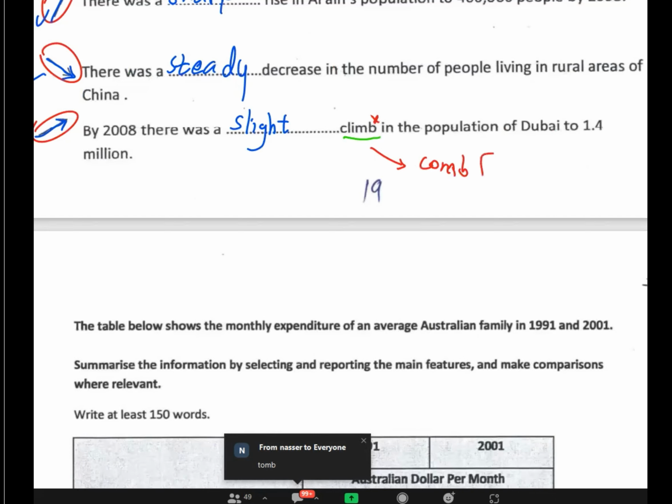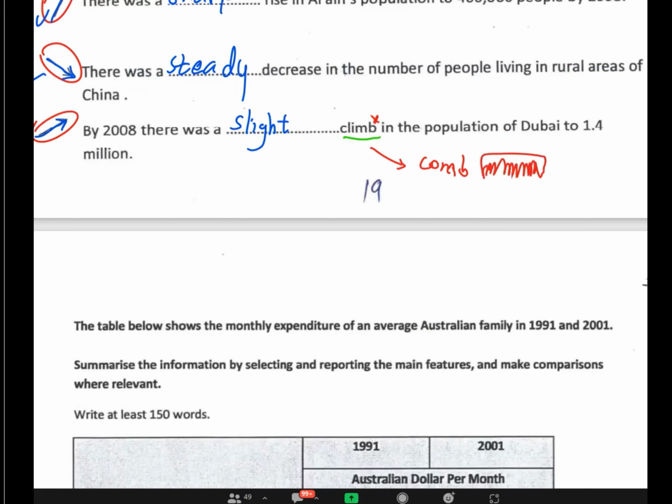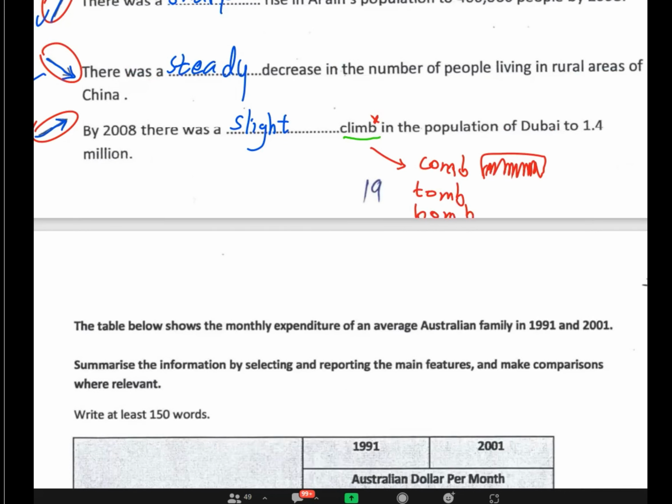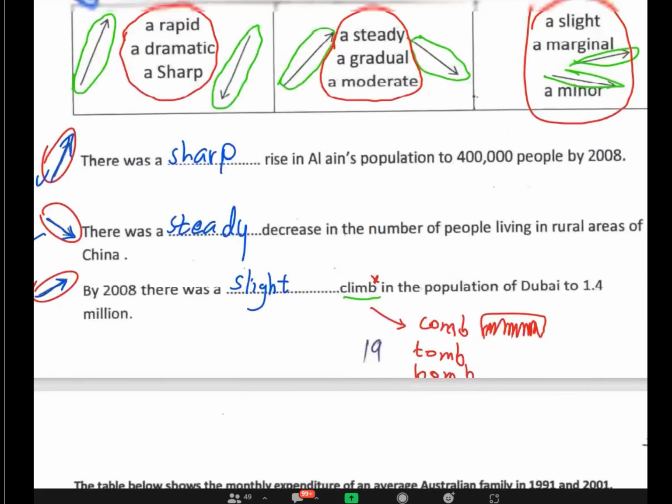Comb. You know what is a comb? The one that you use to comb your hair. Comb. This is an old comb, actually. Tom. Boom. Okay? So the B is silent if it comes after the M. We write it, but we do not pronounce it.